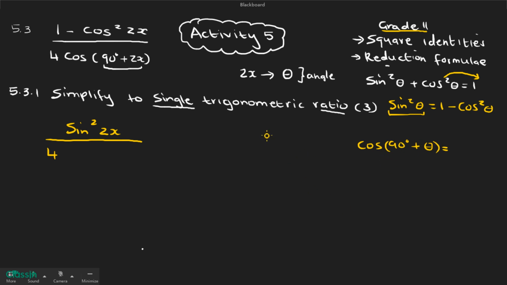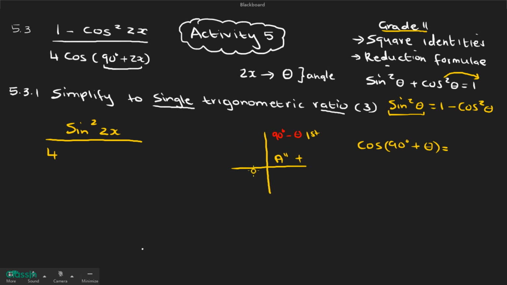So if I go to my reduction table, I know that all identities are positive in the first quadrant, and in the first quadrant we get 90 degrees minus theta.